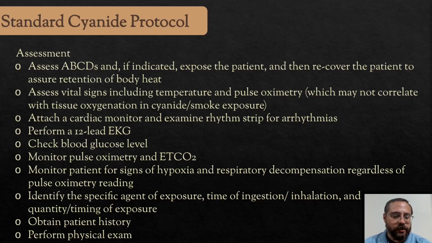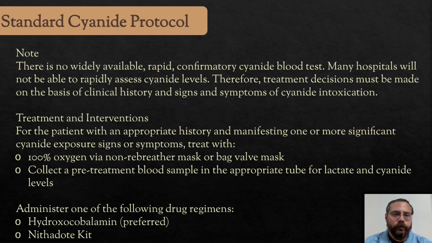Obtain patient history. Perform a physical exam. One comment of note here is that there is no widely available rapid confirmatory cyanide blood test. Many hospitals will not be able to rapidly assess cyanide levels. Therefore, treatment decisions must be made on the basis of clinical history and the signs and symptoms of cyanide intoxication.